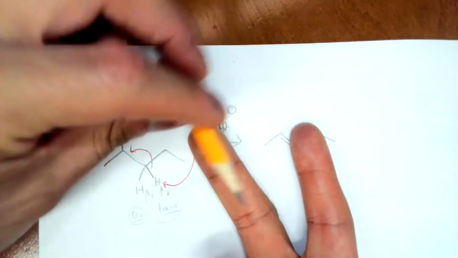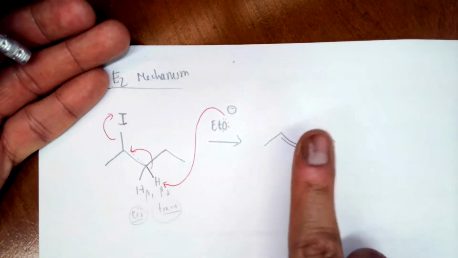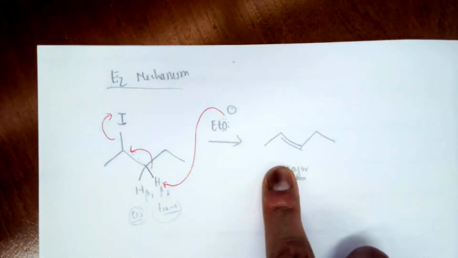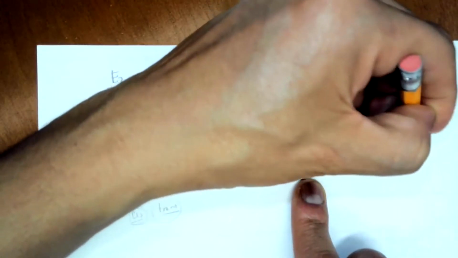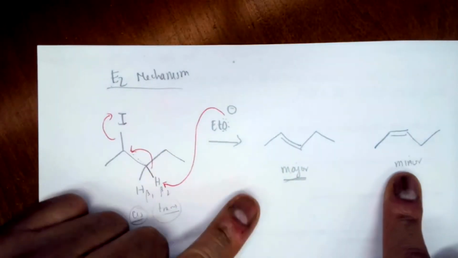Between the cis and the trans, which is more stable? The trans is more stable. So no matter which hydrogen you eliminate, you know that always the trans is going to be your major product. Am I going to produce the cis? Yes, you're also going to produce the cis, but it's going to be my minor product. No matter what, it's always going to be the minor.